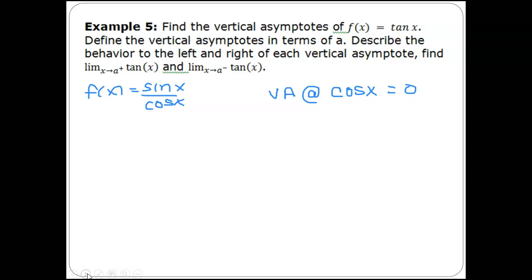So I need to know that when I plug in pi halves, cosine is 0. I need to know that at 3 pi halves, the cosine is 0. And I need to know that if I add pi or subtract pi to that number, it's equal to 0.